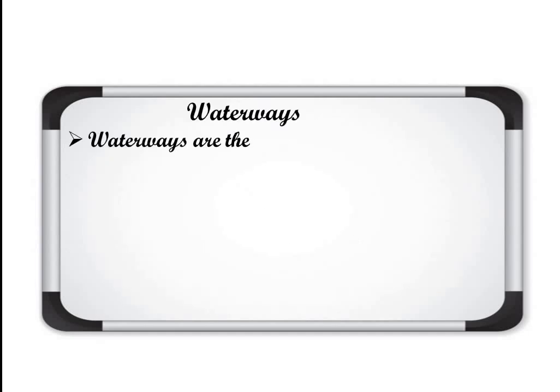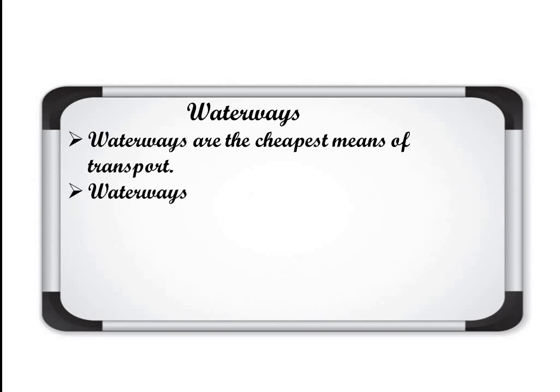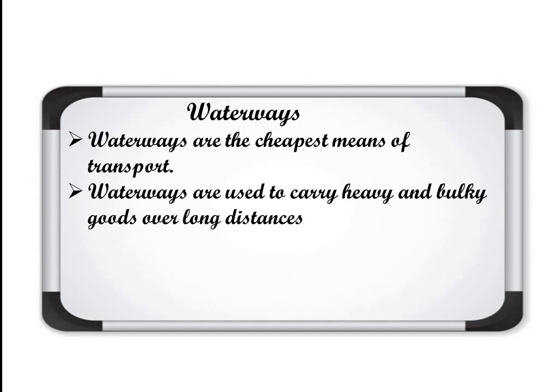Now the third one is waterways. Waterways are the cheapest means of transport that we discuss. In the advantages of waterways, waterways are used to carry heavy and bulky goods over long distances. So the heavy or big material, the goods, are taken through the waterways easily for long distances.